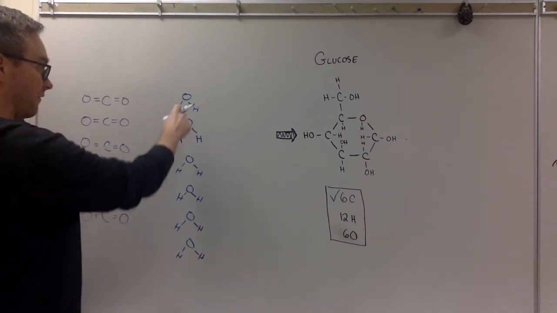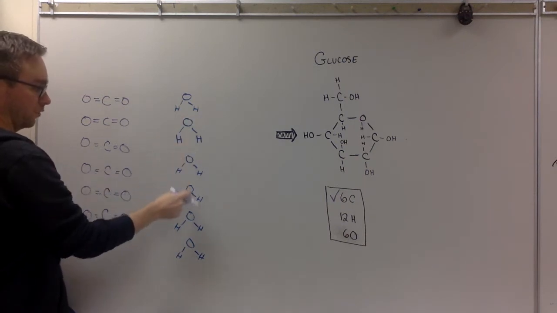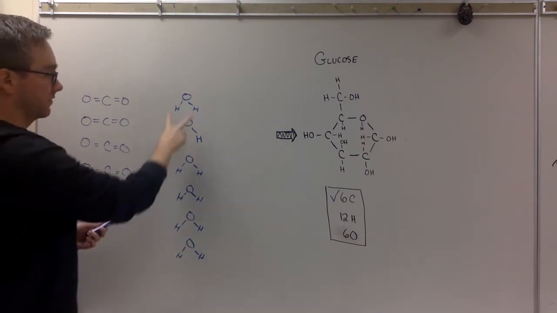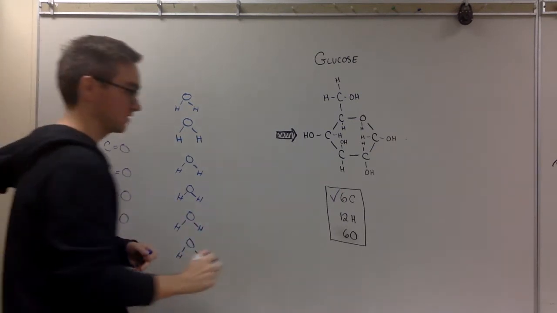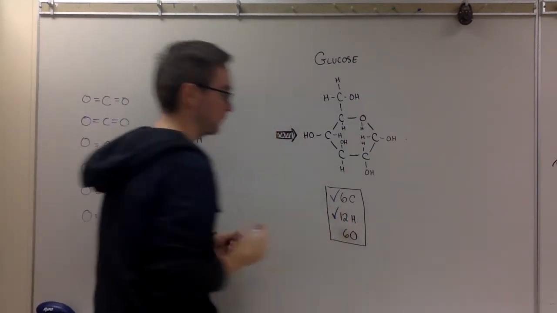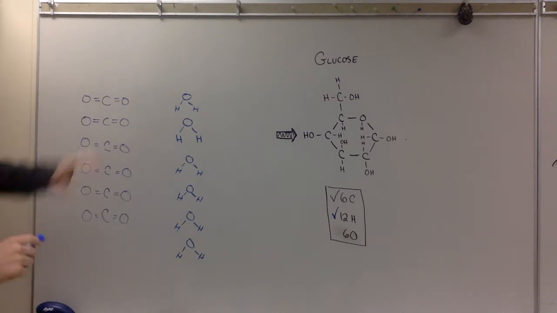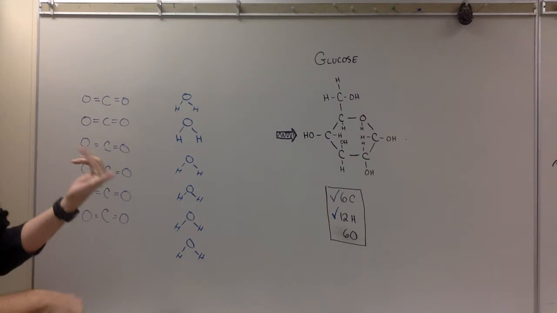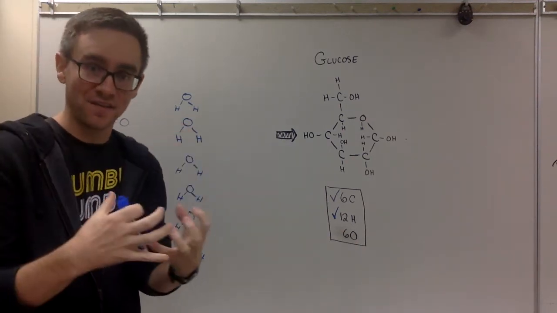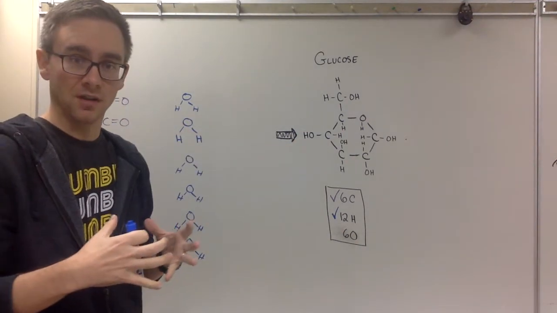So now I have 1, 2, 3, 4, 5, 6 waters, and I have 2, 4, 6, 8, 10, 12 hydrogens. So if I put my 6 carbon dioxides and my 6 waters together, I have enough carbons and enough hydrogens to make my glucose molecule.